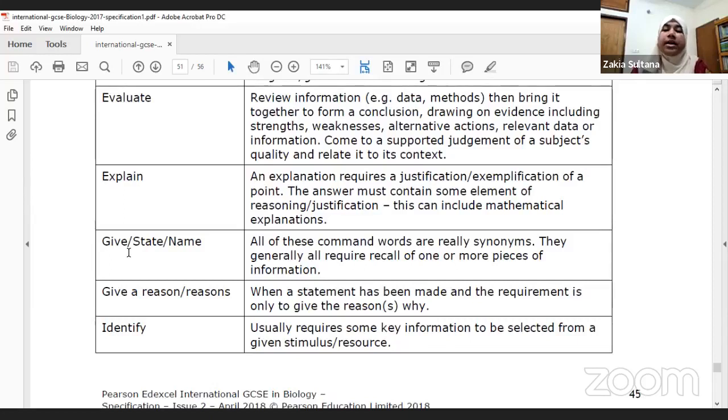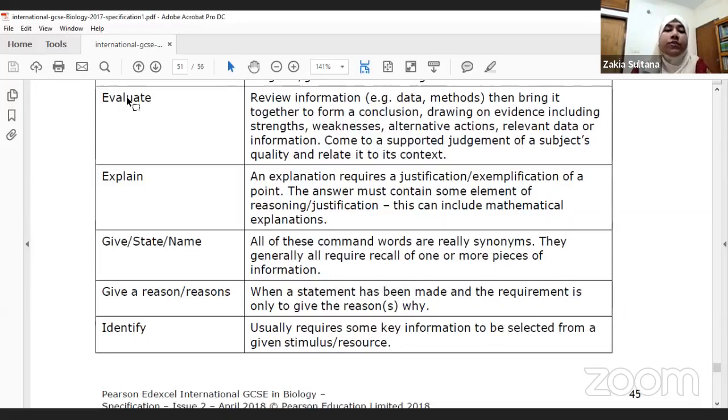Okay. Then when it is evaluate, usually they write a conclusion for you from some given data and information in the question, and you have to evaluate that conclusion. So when you evaluate that conclusion, you must write both pros, the advantages or why this can be true, and also why it can be false even, or why this is not acceptable in scientific terms.